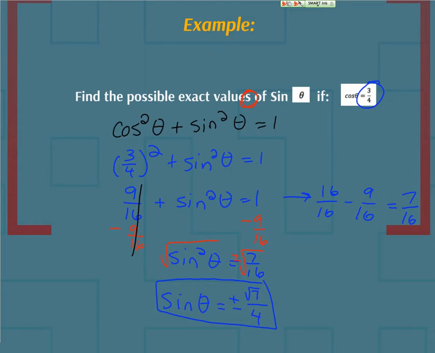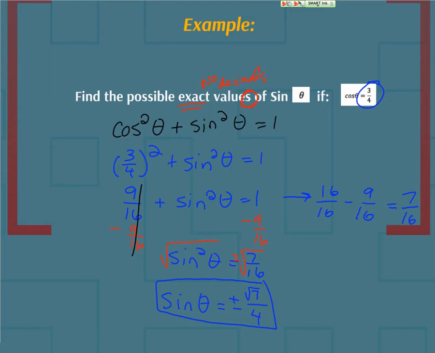So we have to put both of those values down. And remember, exact means that we're not using decimals. I didn't plug this in on my calculator and approximate a value. So we have no decimals because we got the exact. Any questions about any of that?